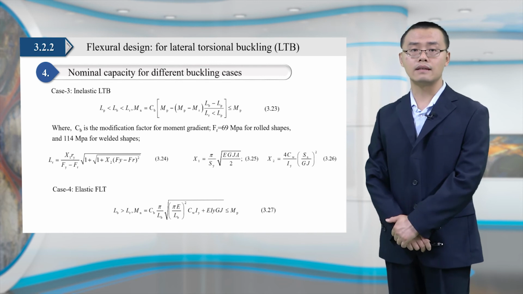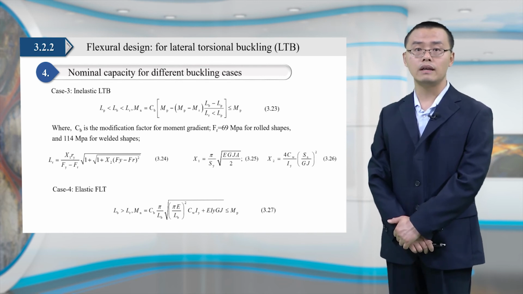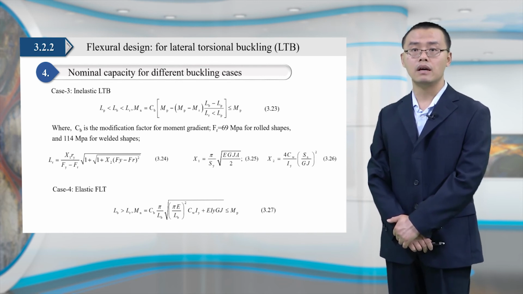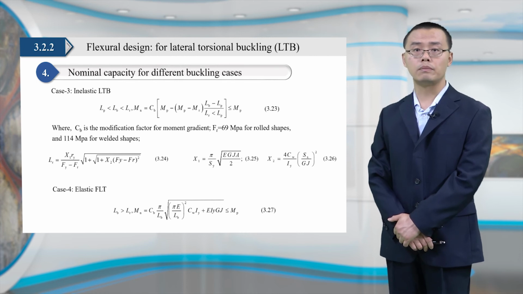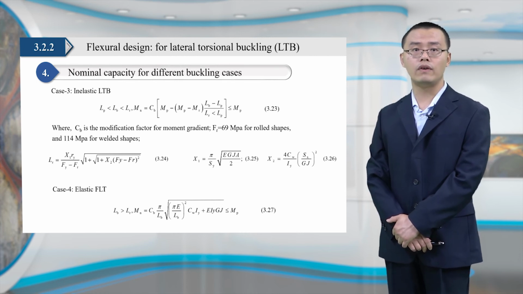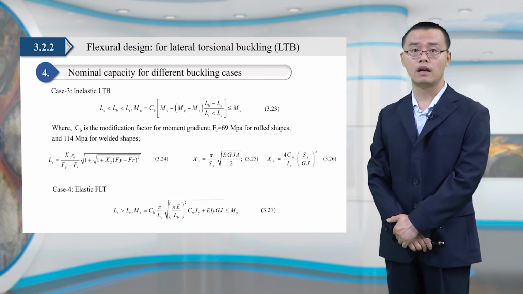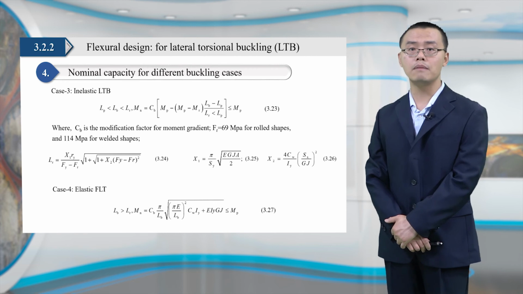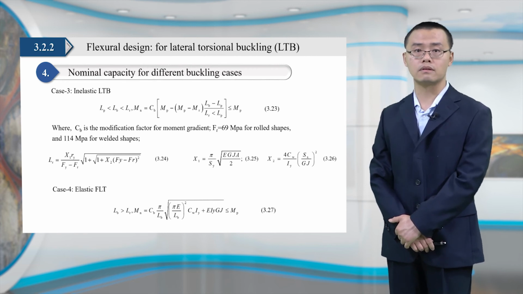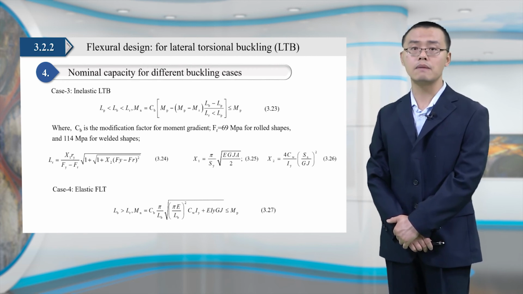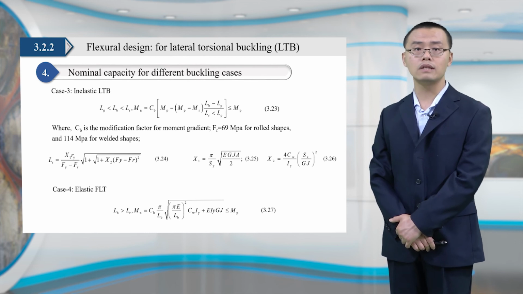Now next is case number 3. In elastic LTB, each parameter should be satisfied as the following 3.23, where C_B is a modification factor for moment gradient. F_R equals 69 MPa for rolled shapes and 114 MPa for welded shapes.